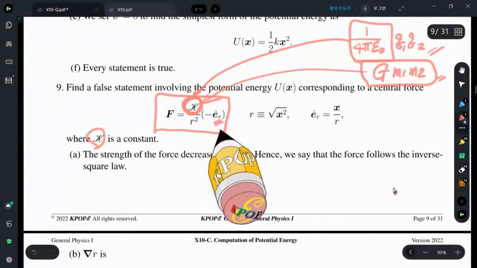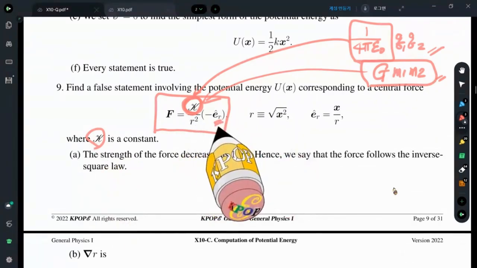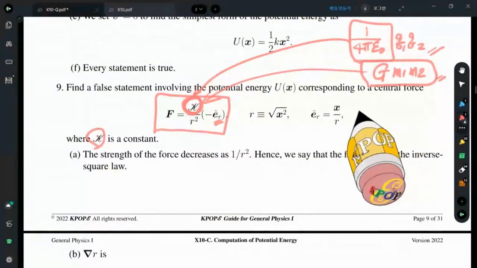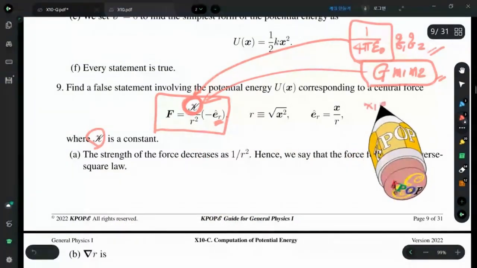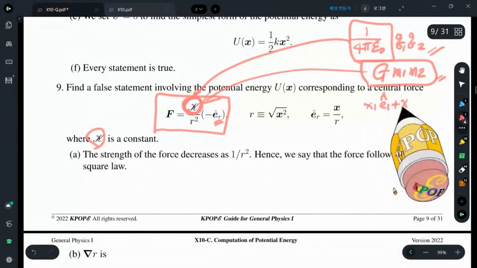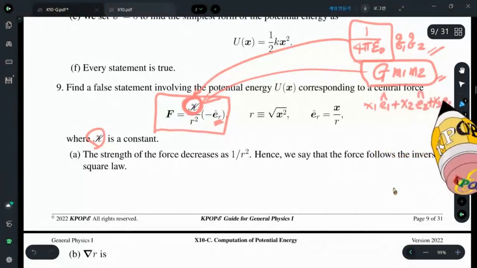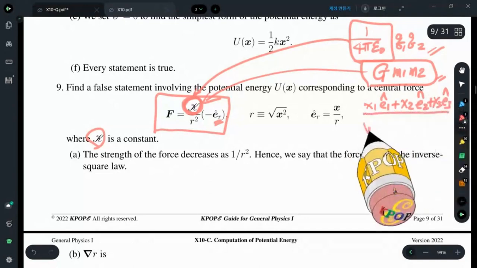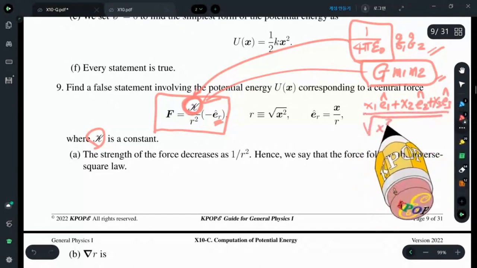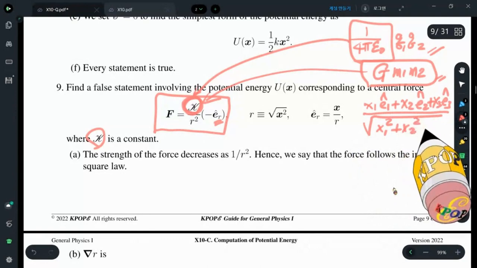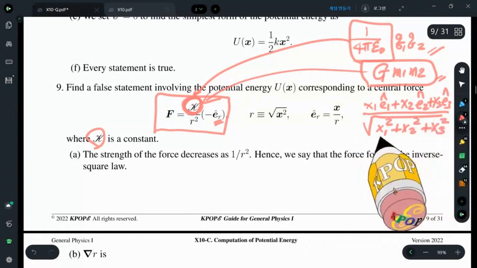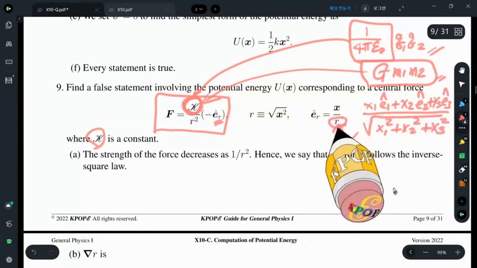And we have a unit radial vector. This is a 3-dimensional unit radial vector. That means x1 e1, x2 e2, x3 e3, divided by square root of x1 squared plus x2 squared plus x3 squared. That is radius r.